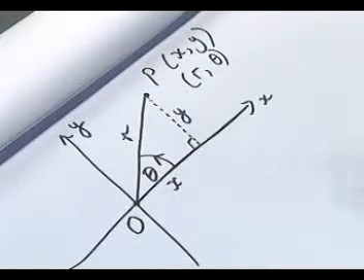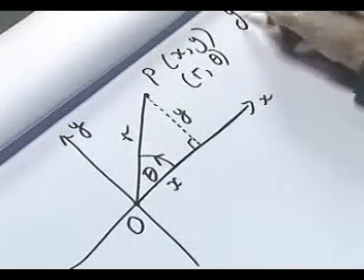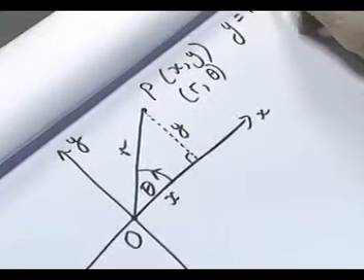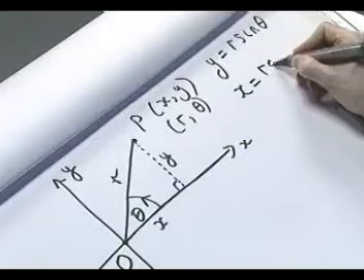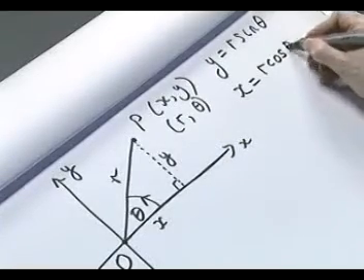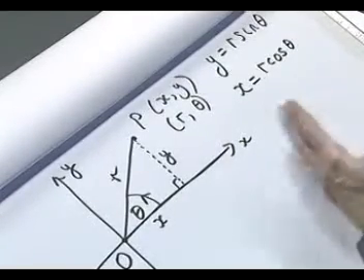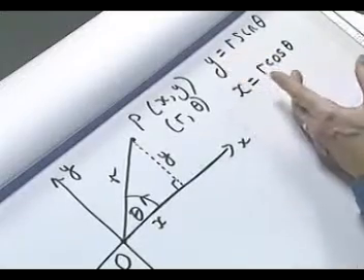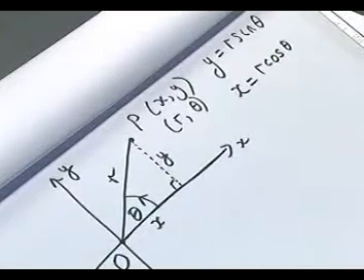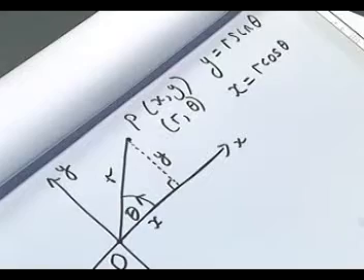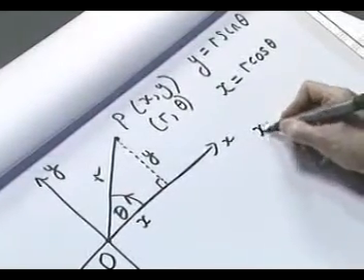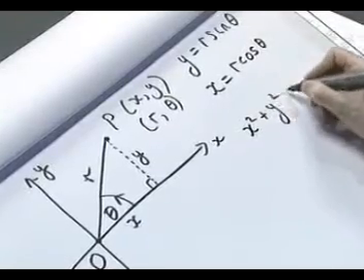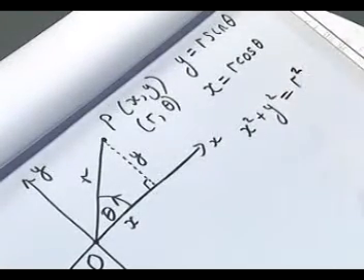And looking at that, we can see that y is equal to r sin theta, and x is equal to r cos theta. So given r and theta, we can calculate x and y. What about moving the other way? Well, from Pythagoras, we can see that x squared plus y squared is equal to r squared.